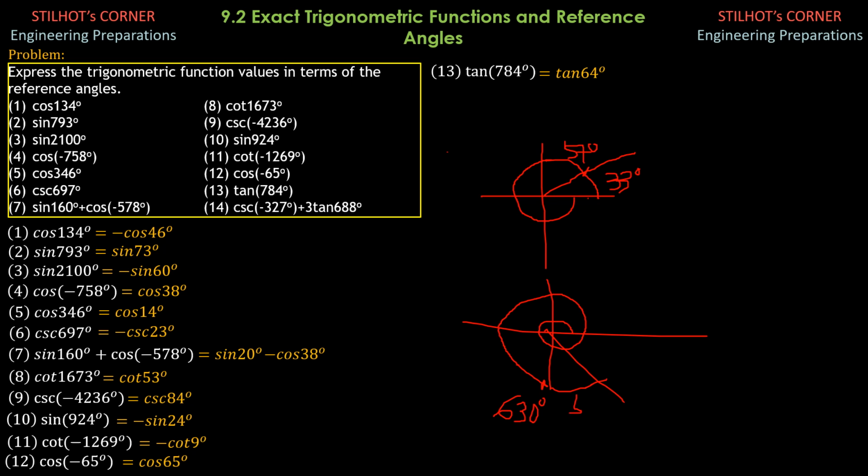So if this is 58 degrees, that's 328. So therefore, the reference angle is 32. And in the fourth quadrant, tangent is negative. Y over x, x is positive, y is negative. Therefore, this is equal to cosecant of 33 plus 3 times negative tangent of 32, because tangent of 688 is negative. So cosecant of 33 minus 3 tangent of 32 degrees.